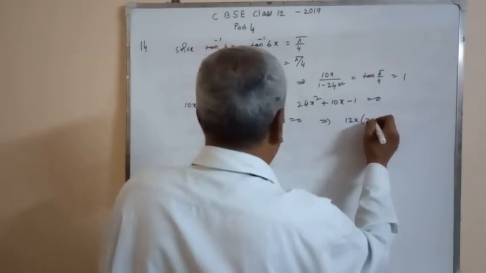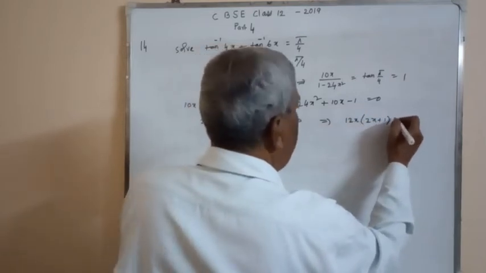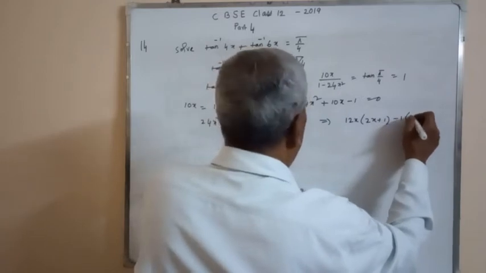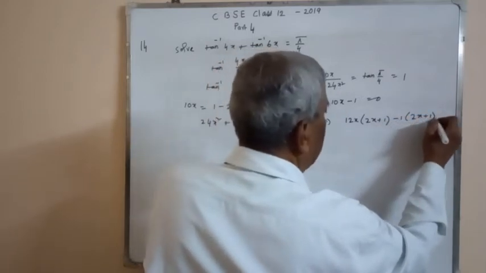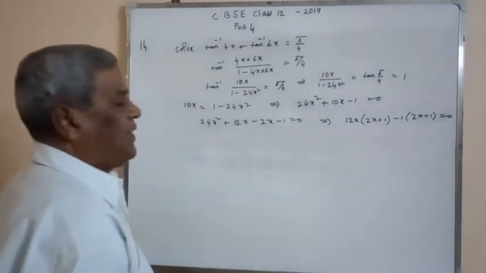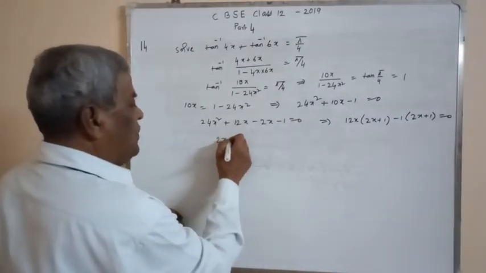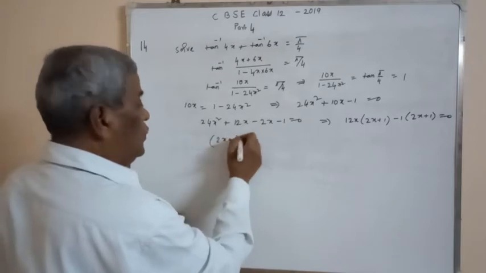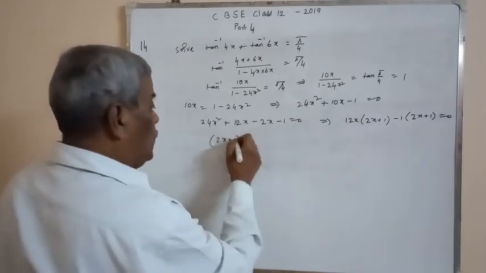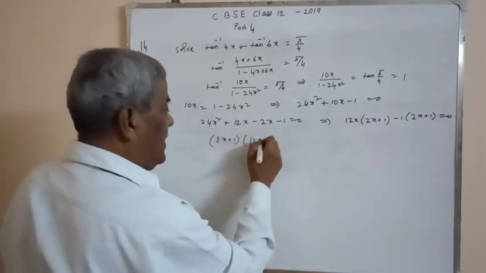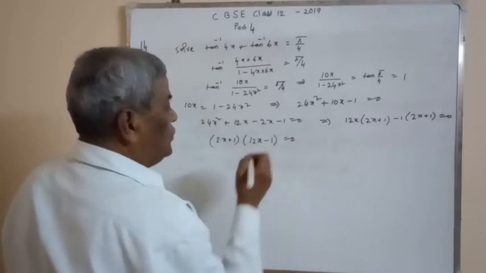12x into 2x plus 1 minus 1 into 2x plus 1 is equal to 0. That is 2x plus 1 into 12x minus 1 is equal to 0.